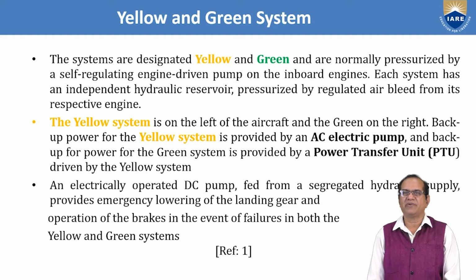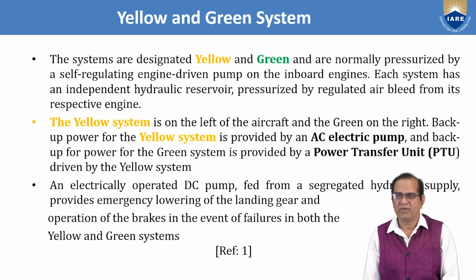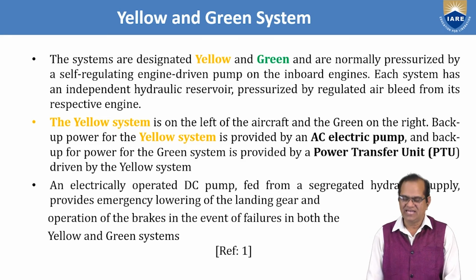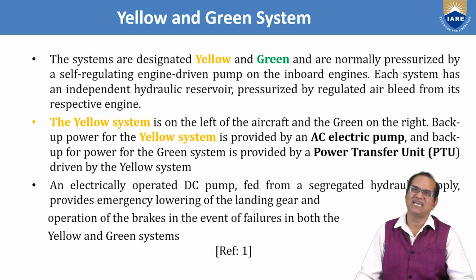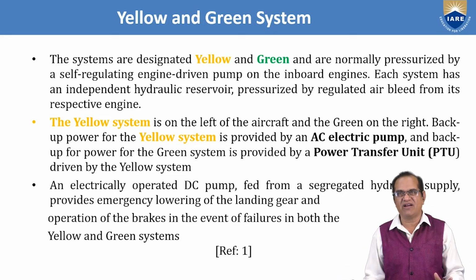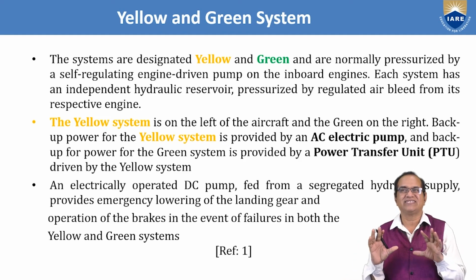An electrically operated DC pump fed from a segregated hydraulic supply provides emergency lowering of the landing gear and operation of the brakes in the event of failure in both the yellow and the green systems. So there are two types of hydraulic system in the aircraft, one yellow and another green.